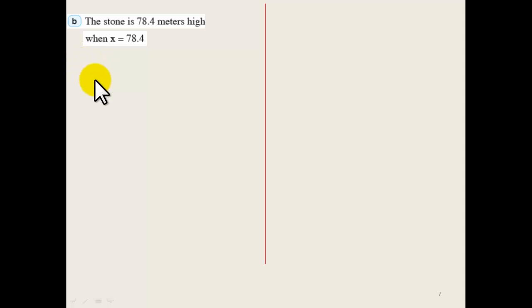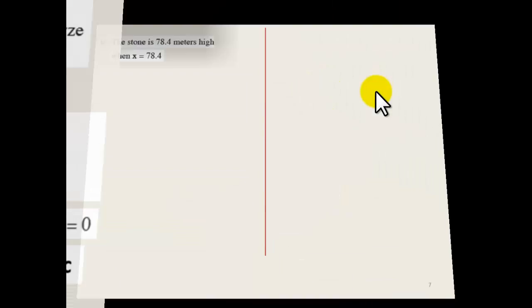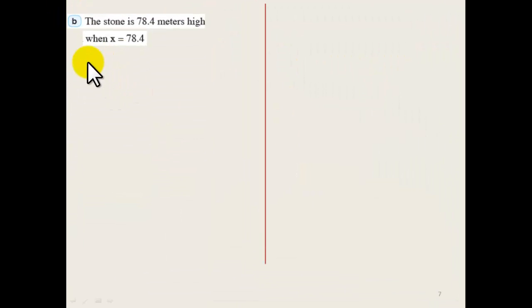B, what is the required B? We'll go back to the example again. The required is to find the algebraic measure of the velocity vector when the stone is 78.4 meters high. So the stone is 78.4 meters high when x equals 78.4. From this, we will calculate the time.